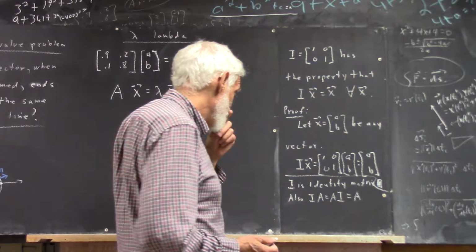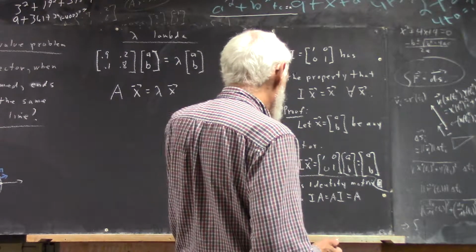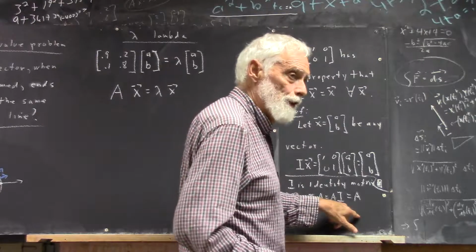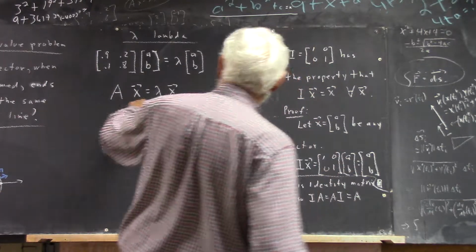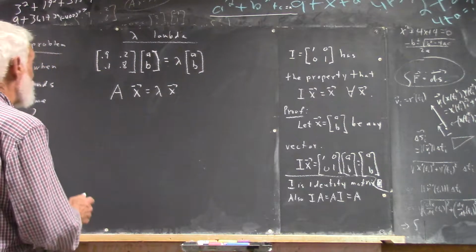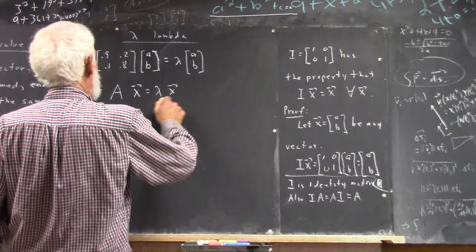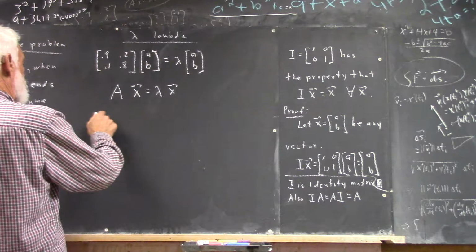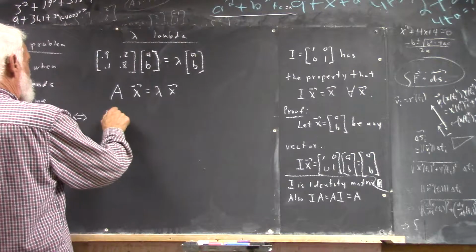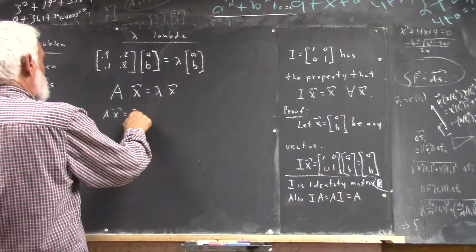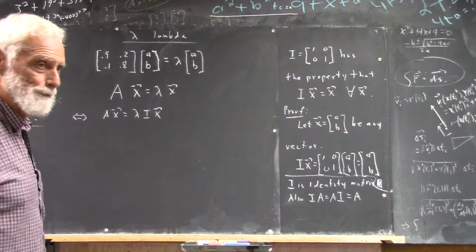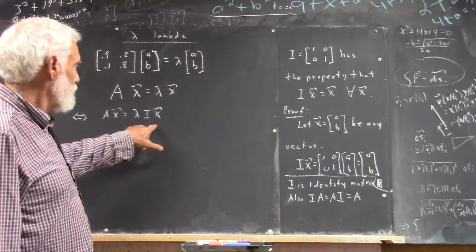Now there's much more that I can say, but having established this, I can come back and do something here. This is equivalent to saying that AX equals lambda I times X, since X is just equal to IX.